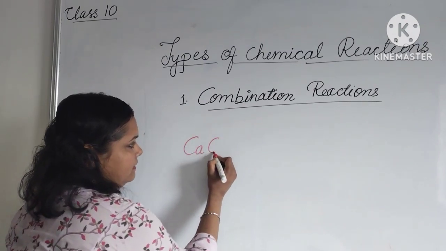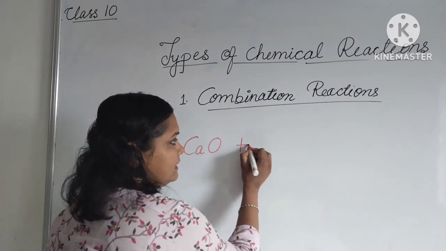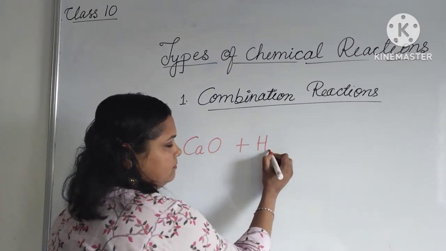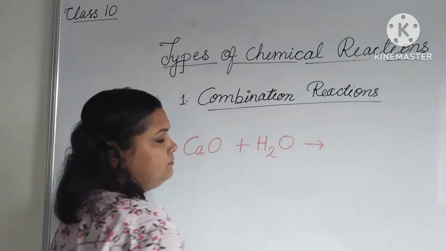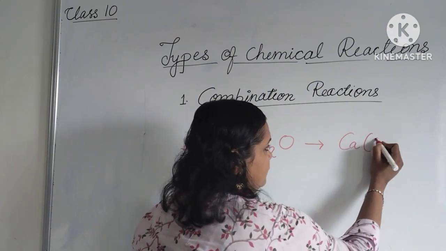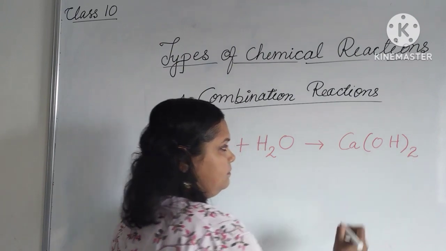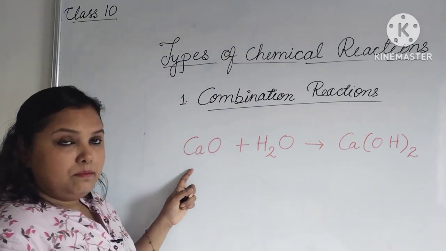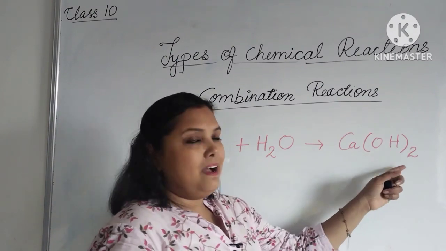Calcium oxide reacts vigorously with water and it gives calcium hydroxide. This is calcium oxide, water, and it is giving calcium hydroxide.